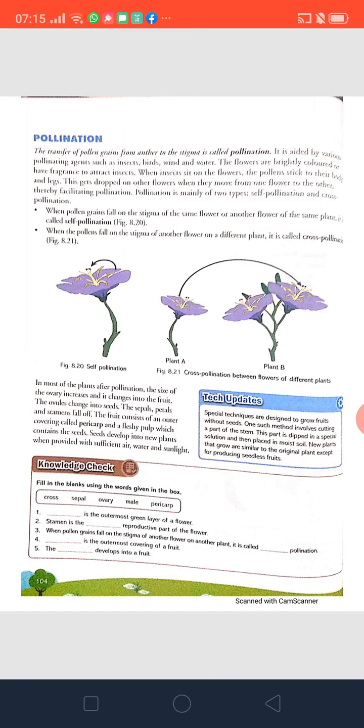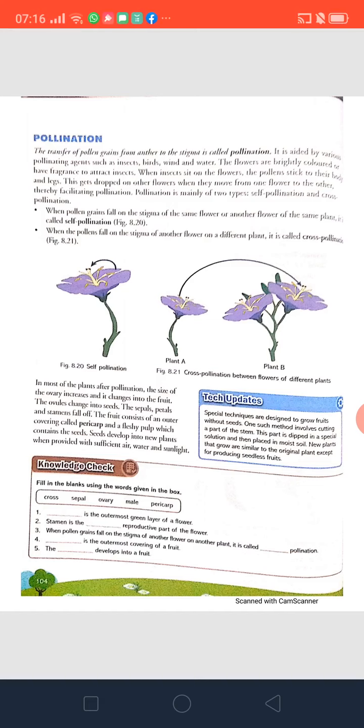So how can you define self pollination? When pollen grains fall on the stigma of the same flower or another flower of the same plant, it is called self pollination. And the opposite of this, when the pollen falls on the stigma of another flower of a different plant, it is known as cross pollination.